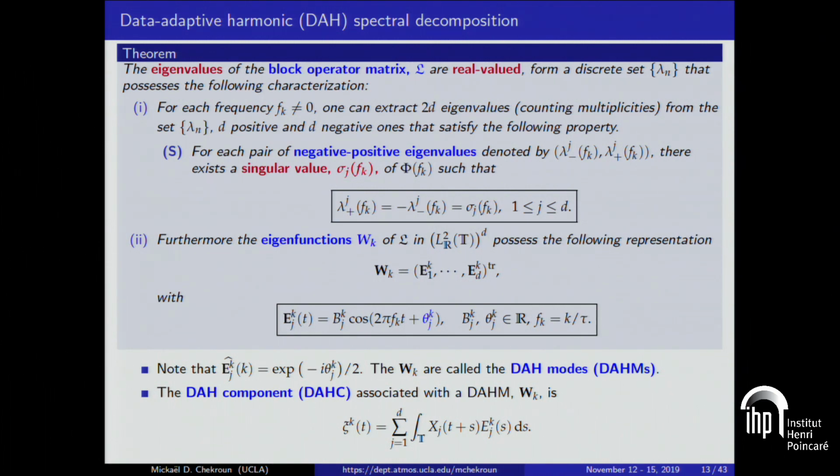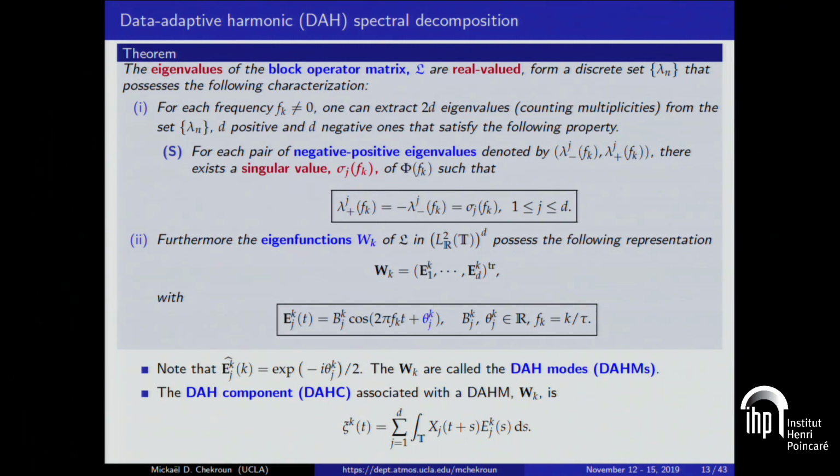Now, what about the modes, the eigenfunctions? They are given like that for a k that represents a frequency associated with frequency Fk. And here you have D channels, so you have these components that have a temporal part, and they are given explicitly like that. Very simple. Looks like Fourier, except that here you have this theta k, which is the phase of your signal.